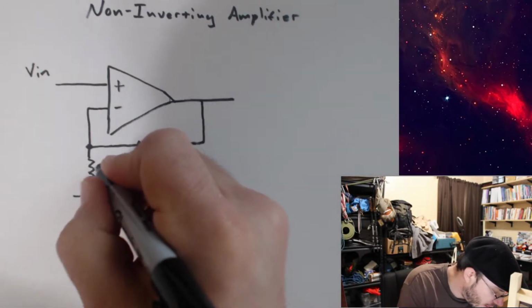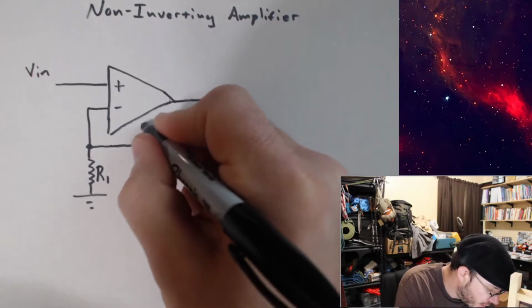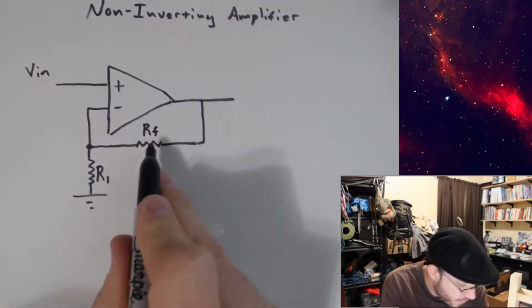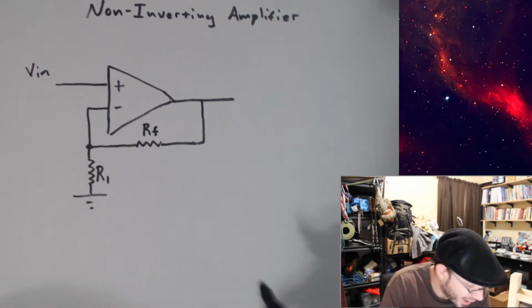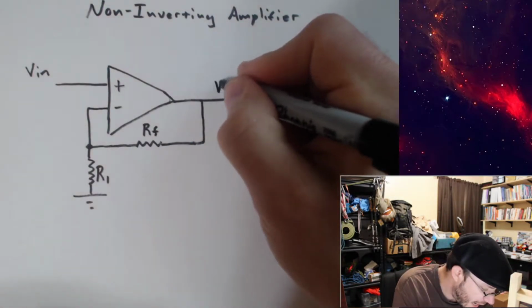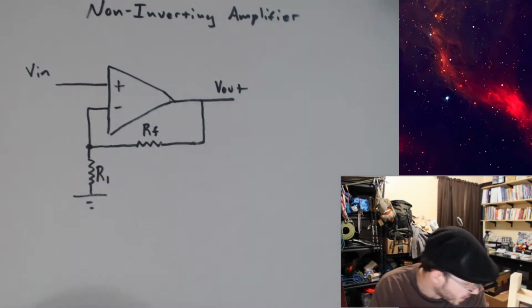I'm going to go ahead and call this R1, and I'm going to call this RF for feedback resistance. And we have a V out over here.